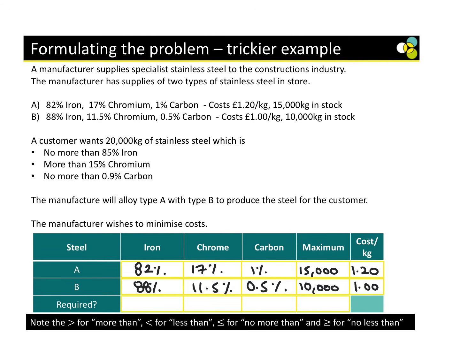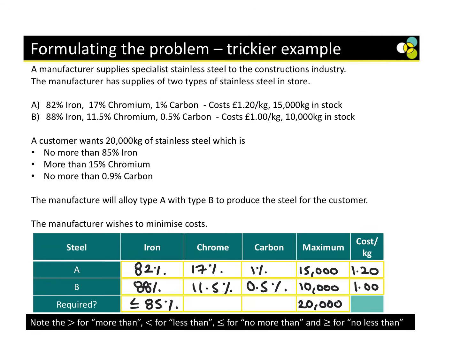Required: a customer wants 20,000 kilograms of stainless steel. So this is what they want, 20,000. No more than 85% iron. So what does that mean? It means that we want less than or equal to 85% iron. No more than 15% chromium.